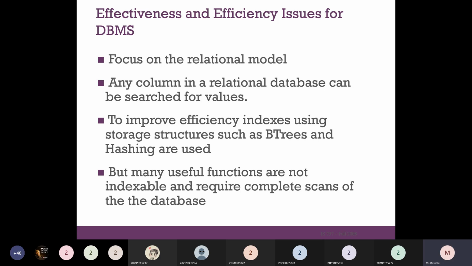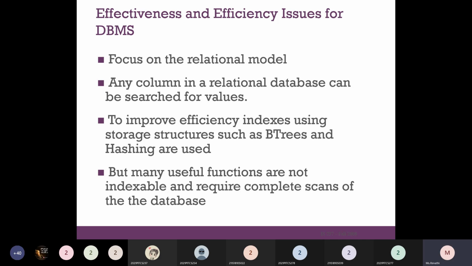To improve efficiency, we can use indexes, with storage structures like B trees and hashing. But many useful functions are not indexable and require a complete scan of your database. To extract a particular tuple from your database, we can use an index.